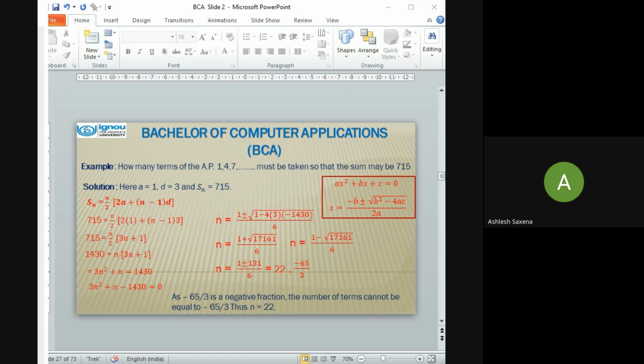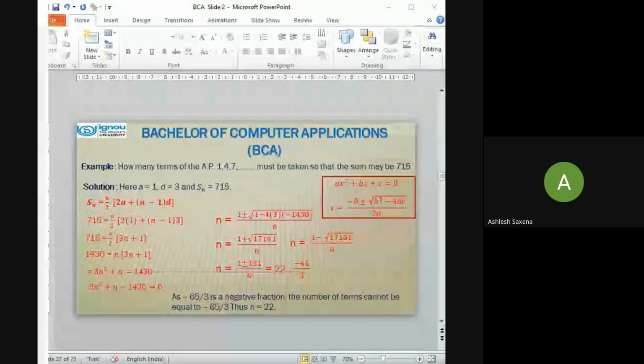In the box on the right hand side, I have written the general formula by which we find the value of x. This is x is equal to minus b plus minus under root b square minus 4ac upon 2a. This formula can only be applied when b square minus 4ac is either equal to 0 or greater than 0. If this is less than 0, we cannot apply this formula.